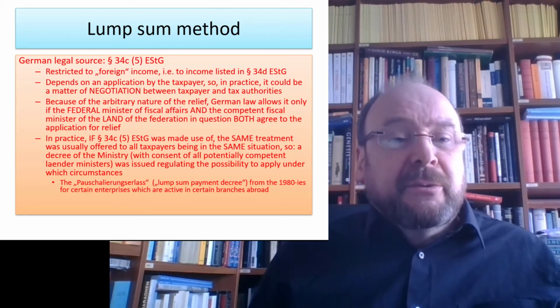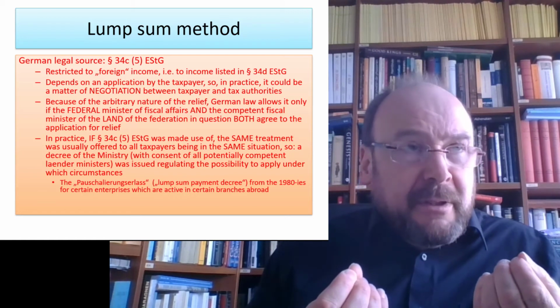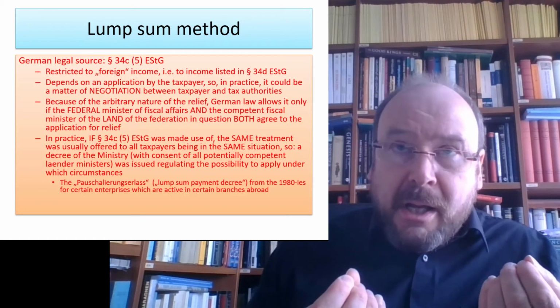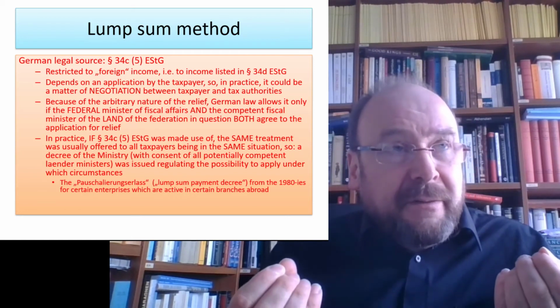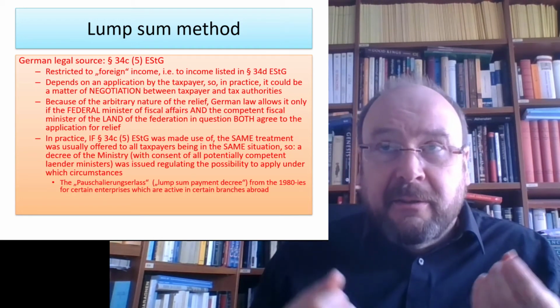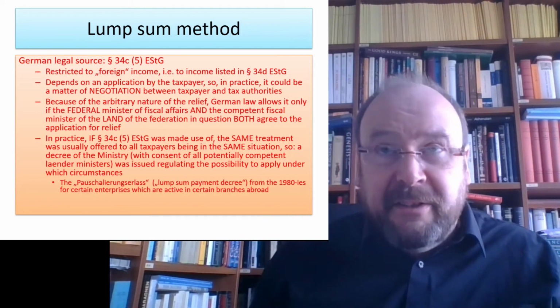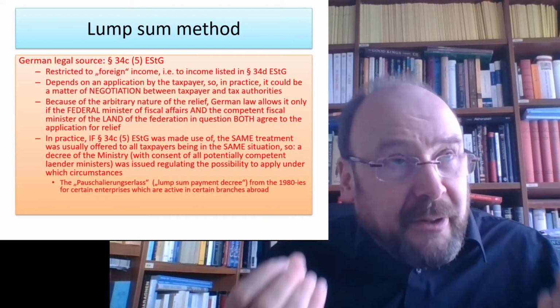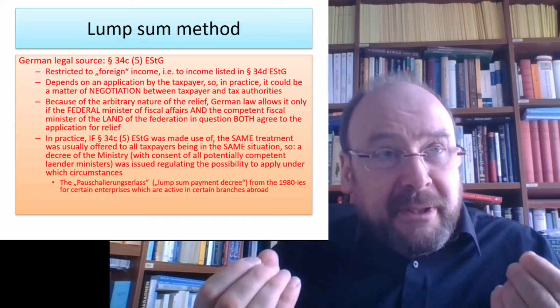Imagine you obtain income from a foreign country, and there you were taxed, but the foreign country doesn't exist officially from the perspective of the United Nations, and it has not been acknowledged as a state by Germany.